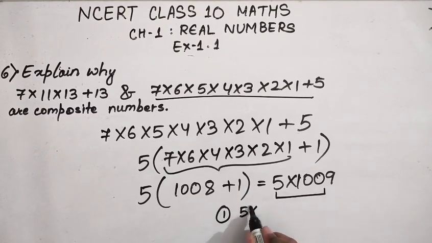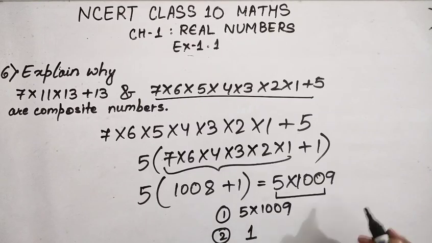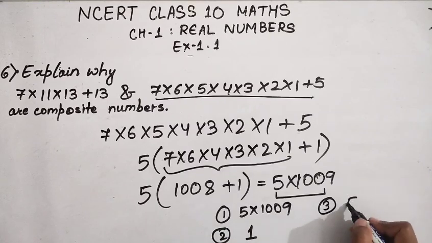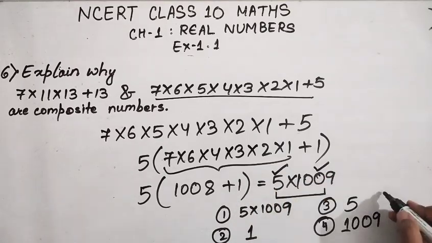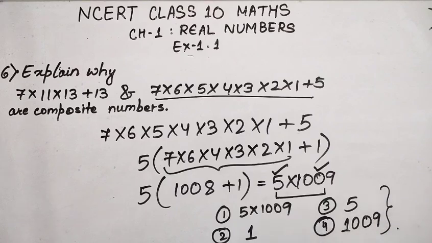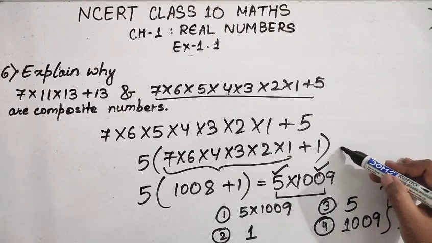First factor 5 into 1009. We have second factor, that is 1. We have third factor, that is 5. And we have fourth factor, that is 1009. So clearly there are 4 factors over here, which is more than 1 and the number itself, that is more than 2 factors. That means this is also a composite number.